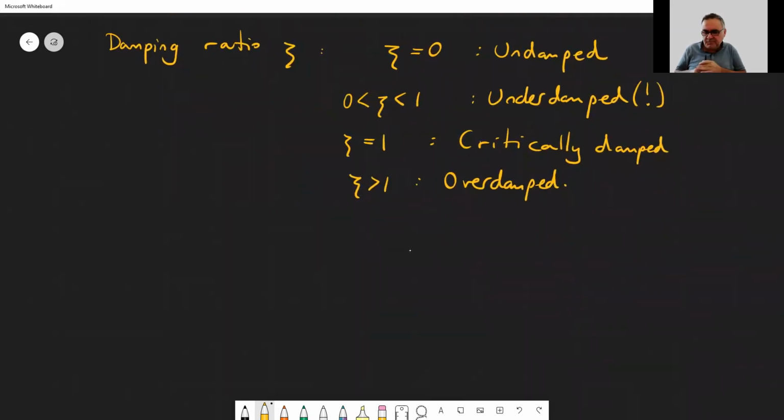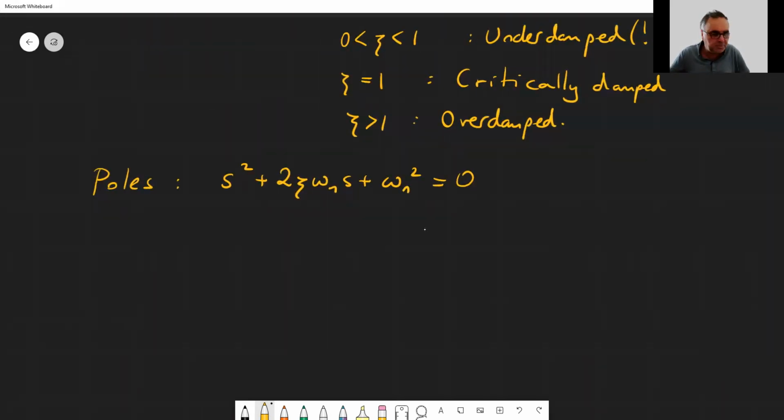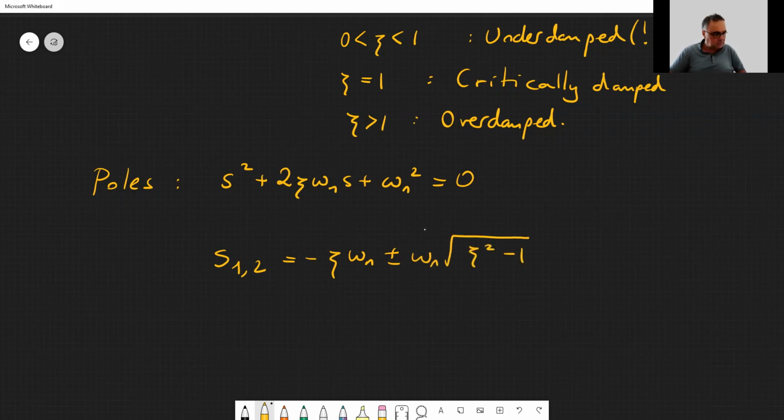Now we can find this from the poles of a system. This is the denominator polynomial, s squared plus 2 zeta omega n s plus omega n squared equals 0, gives you the poles. And if you solve for this equation, you are going to get the following poles. s1,2 equals minus zeta omega n plus minus omega n root zeta squared minus 1.